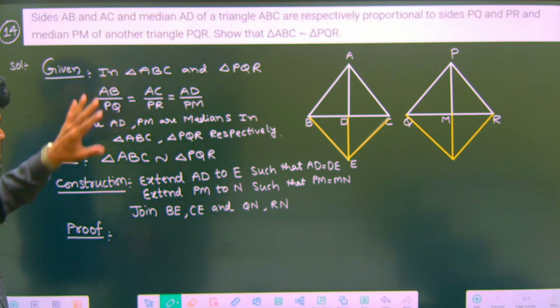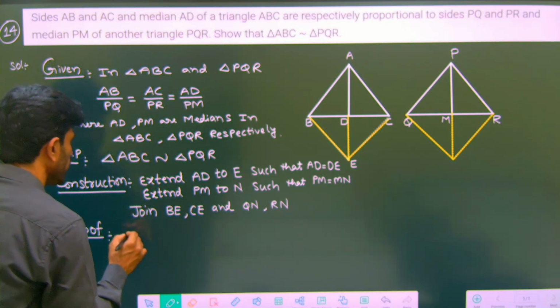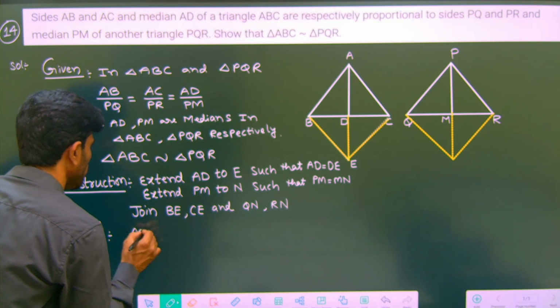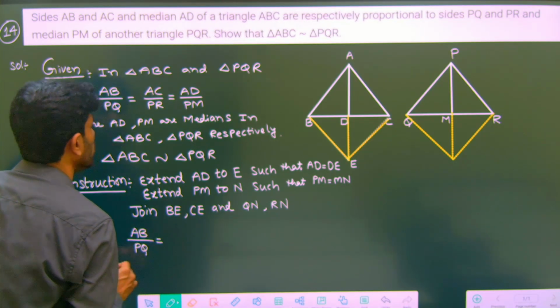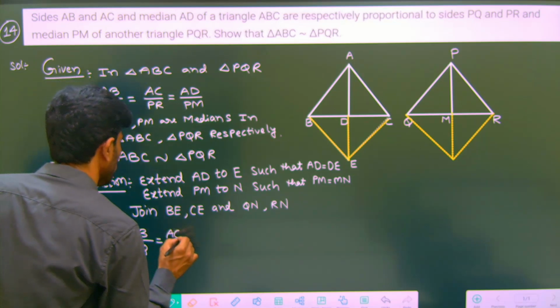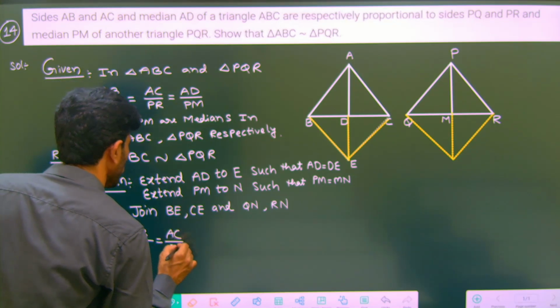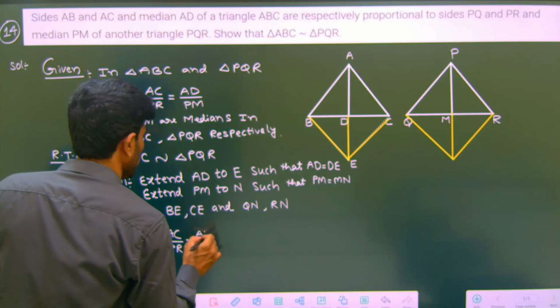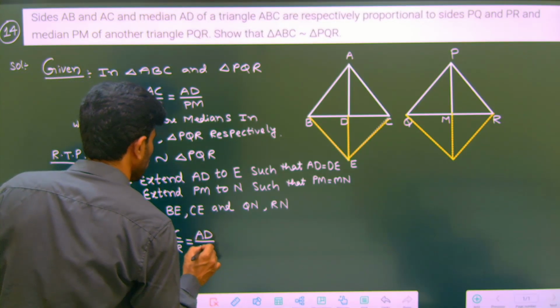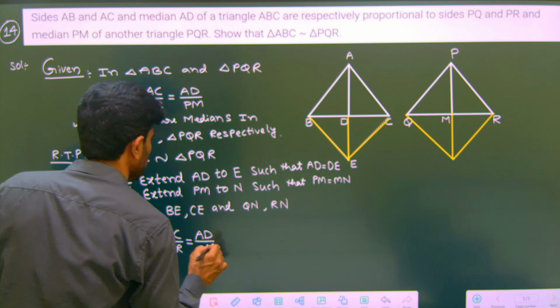We know that AB by PQ is equal to AC by PR is equal to AD by PM.